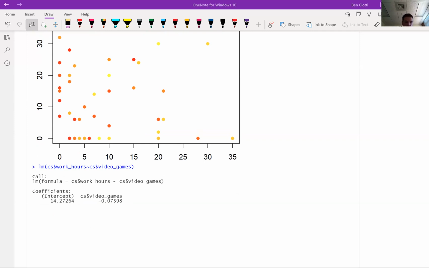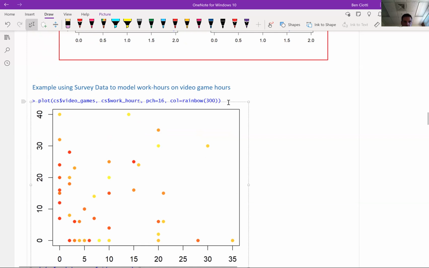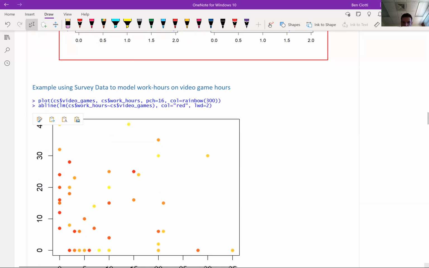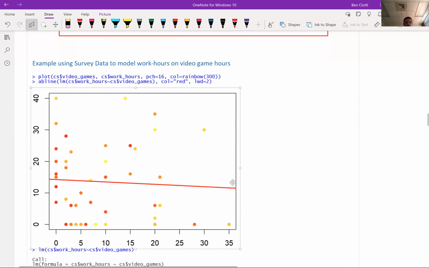So it's not a super strong relationship, but I mean, we're probably not going to find a particularly strong one in the class survey data, just due to all the randomness.